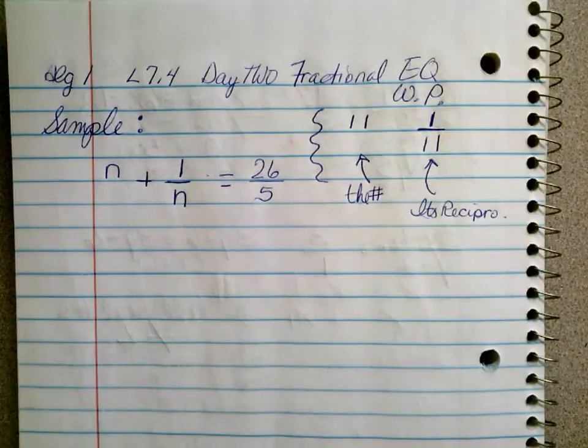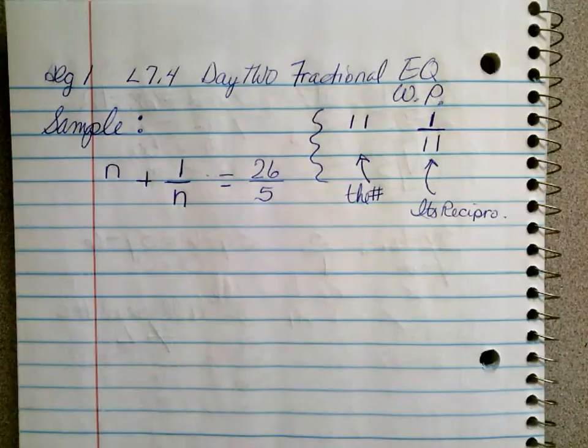Well, here we are right where we started yesterday, and that is, how do we solve equations where there's variables in the denominator? Well, what I taught you yesterday is the easiest way is to clear the fractions. And to clear the fractions, we multiply by the lowest common denominator.